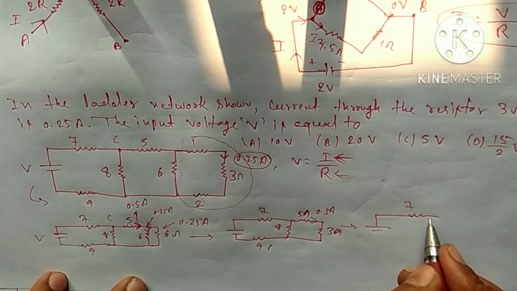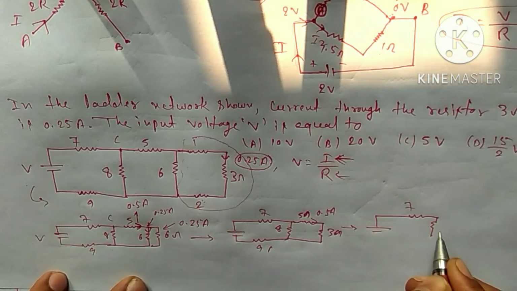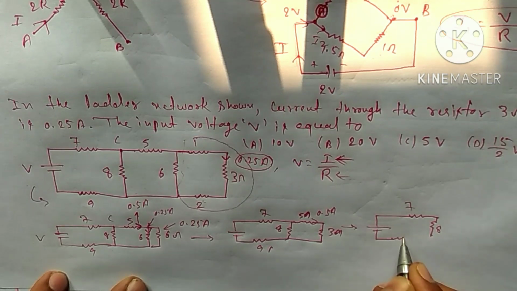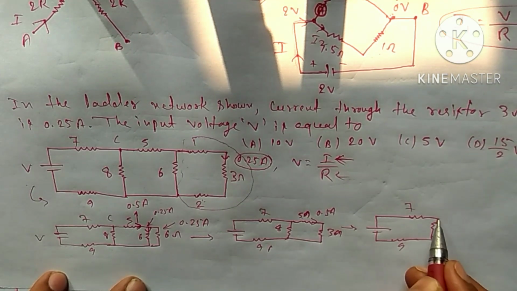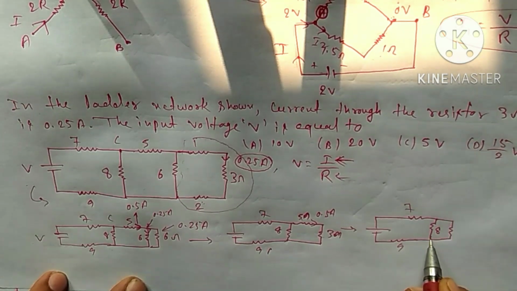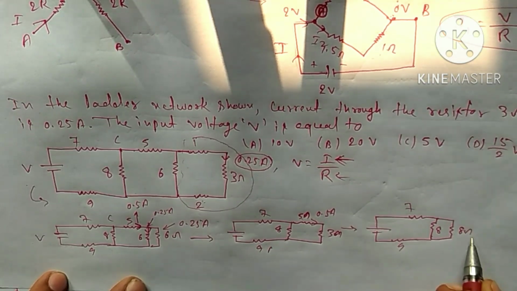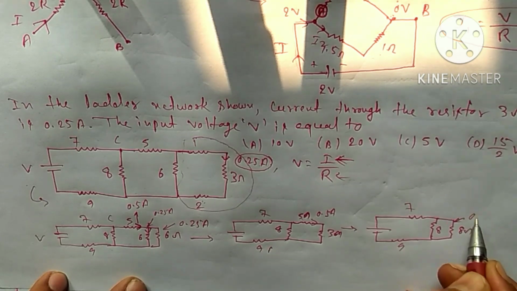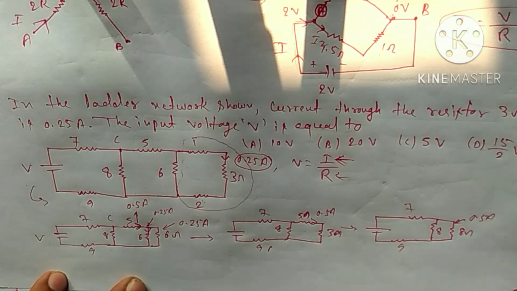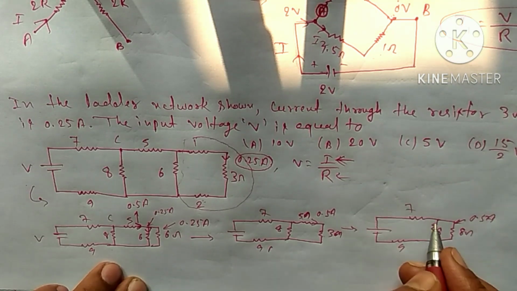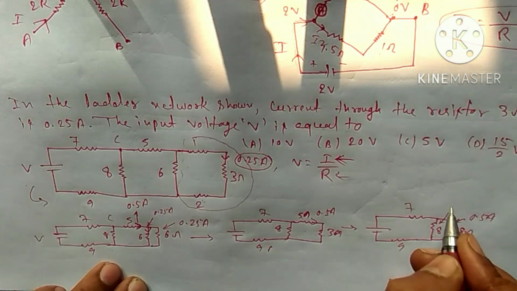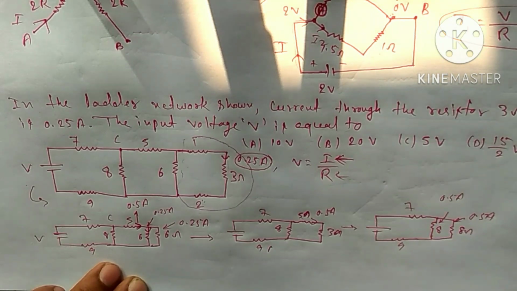Let us see. So here is the 8. Okay, and here is the 9. Okay, so look at the figure, 5 ohm and 3 ohm, that is the 8 ohm, yes 8 ohm, and in this 8 ohm the current flowing is 0.5 ampere, so again we can say that this 8 ohm also gets a current of 0.5 ampere.